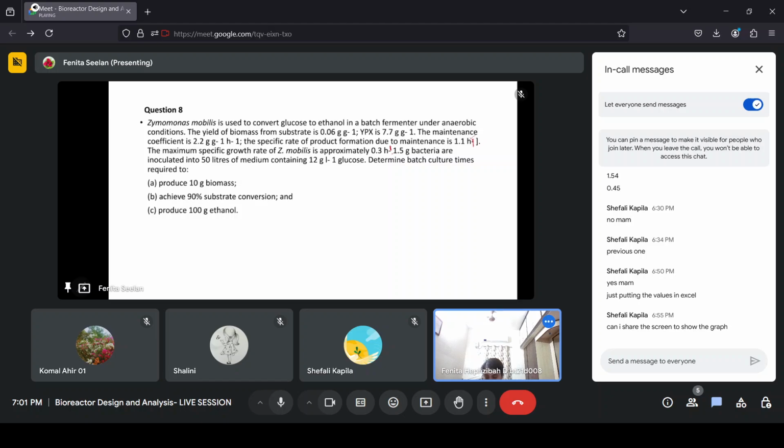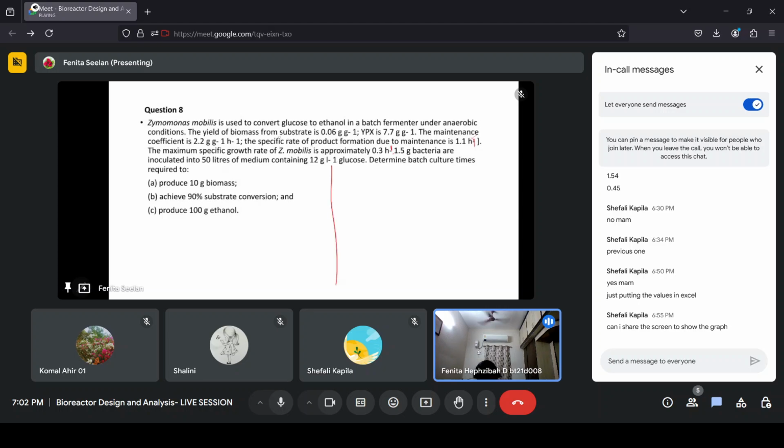The first step in solving a problem is writing down the given conditions. From the first line, what do we know? The yield of biomass with respect to substrate, YXS, is 0.06 gram per gram. The next is YPX, with respect to product, which is 7.7 gram per gram. Then they have given the maintenance coefficient, MS, equal to 2.2 gram per gram hour.